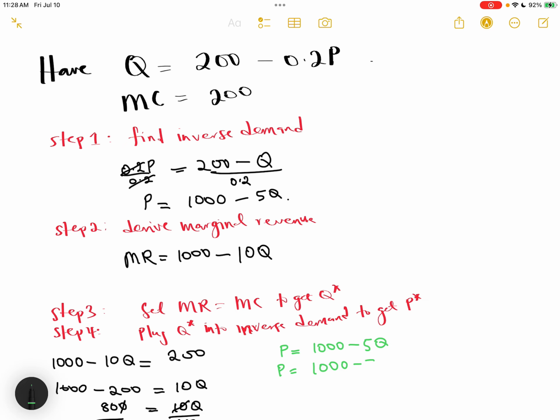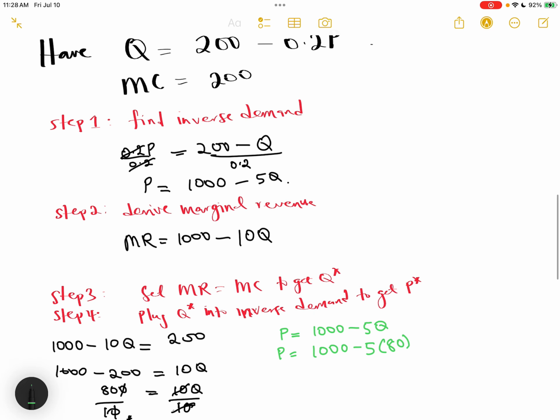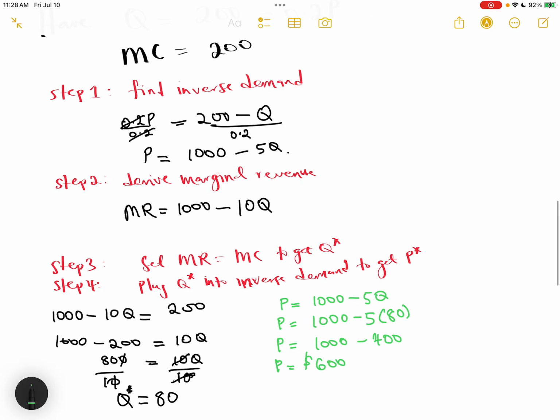Q was 80. And so this will be P equals 1000 minus 400. Okay, and so P equals $600. There we go. So our Q star is 80 and our P star is 600.